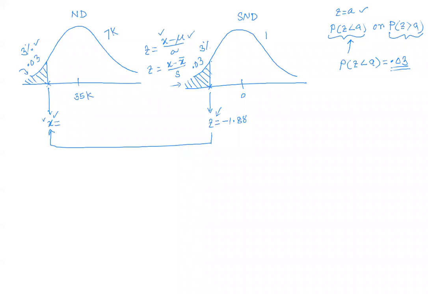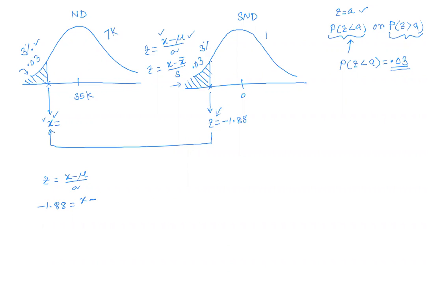So we could easily use z is equal to x minus mu over sigma, right? So what is z? Negative 1.88.